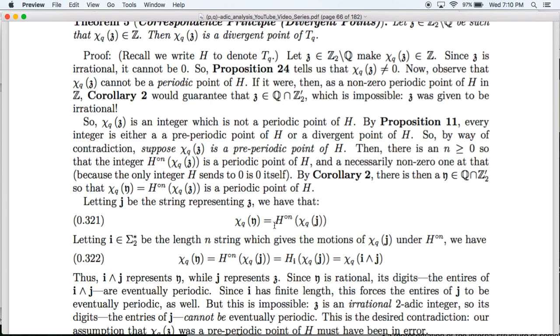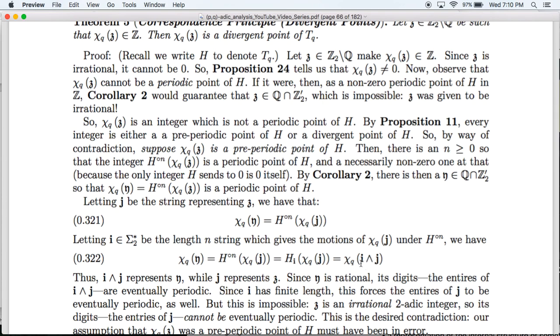Because this is an integer, instead of using h itself, there's going to be some string I of length n which gives the motions of chi-q of j under n iterates of h. Thus, we can rewrite this as h bold I of chi-q of bold j, and then we use the concatenation identity, the functional equation, to write this as chi-q of bold I wedge bold j.